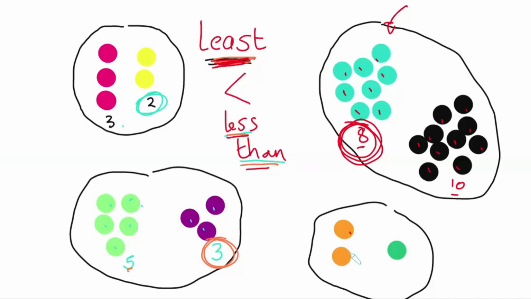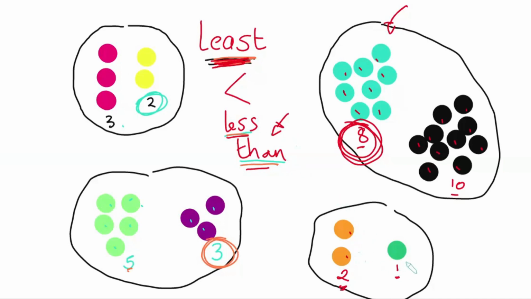Here, how many orange dabs do we have? And how many green dabs do we have? Fantastic. We know that 2 is more than 1. So which one is the least?